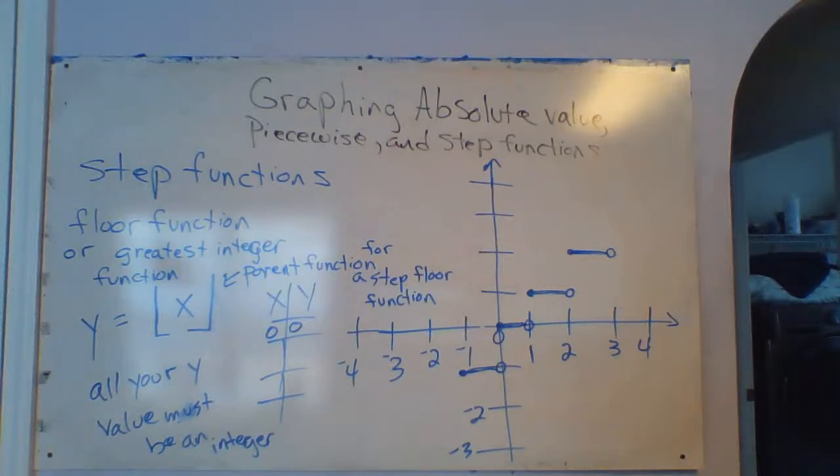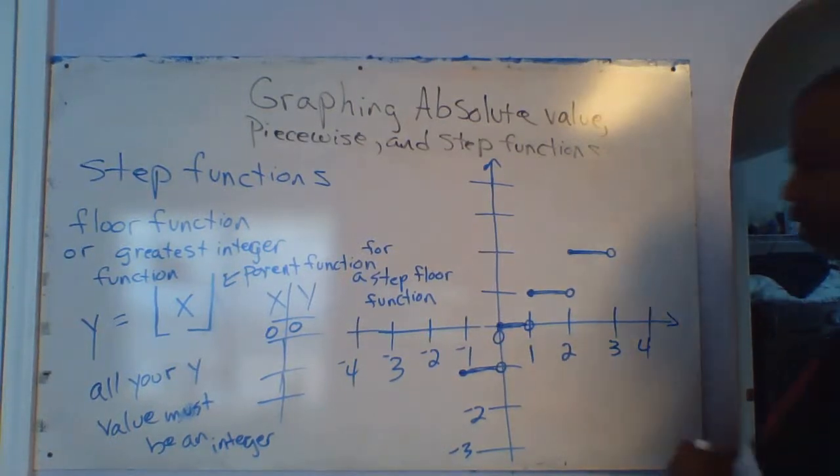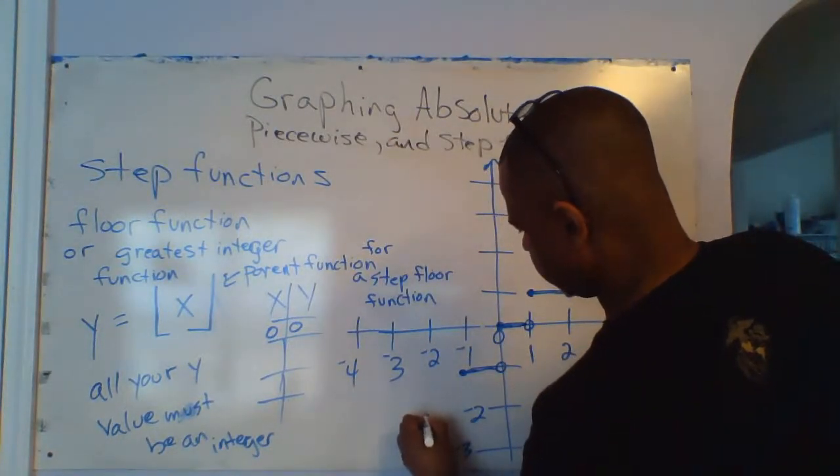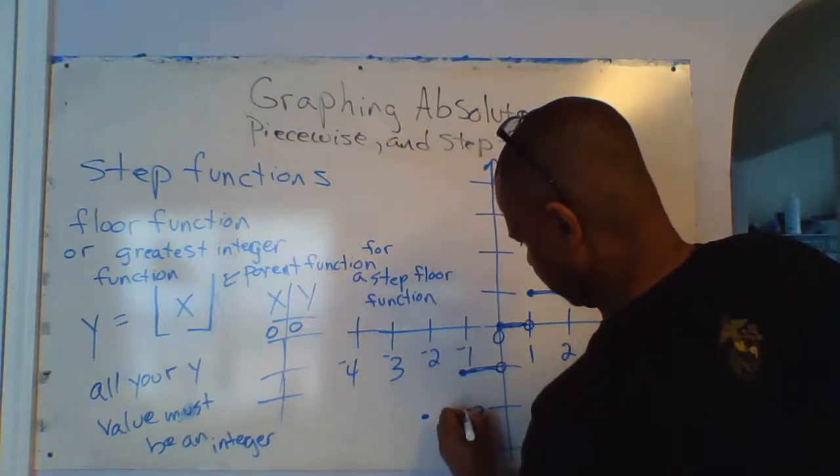So I'm gonna let you write that down, and then we're gonna do a couple different examples of the floor. Then I'm gonna show you how to do the ceiling function. Then we'll be done. So if I want to do this one, you can. This goes on forever. You don't have to do a couple of them.